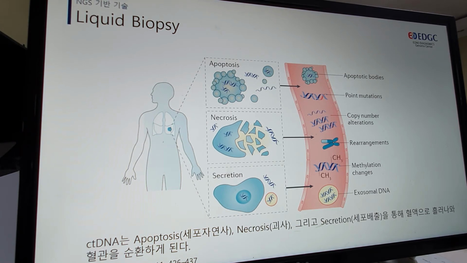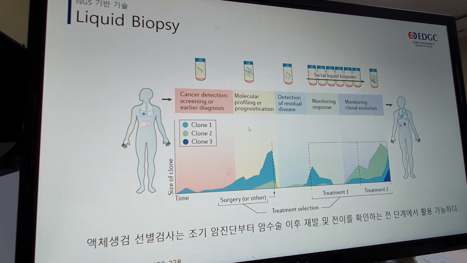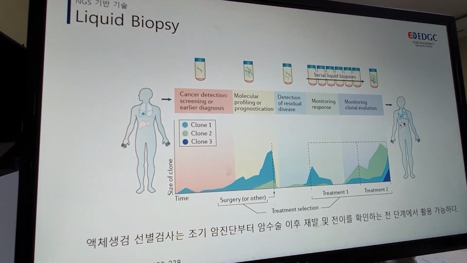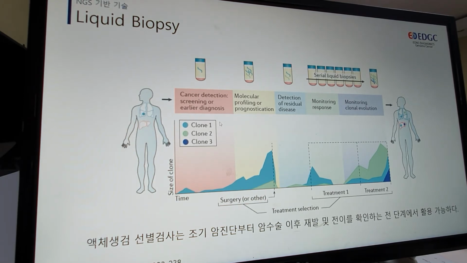But with this technology, we can just gather blood, and then we can check if a cancer is growing or not. It's very useful, and at the same time it is very, very difficult to make a service. So currently our company's research team is strongly focused on this liquid biopsy technology.